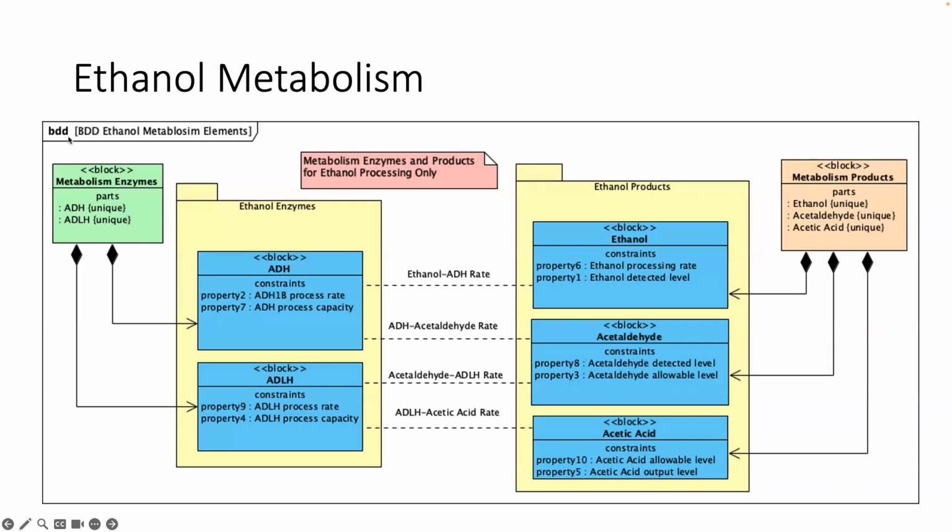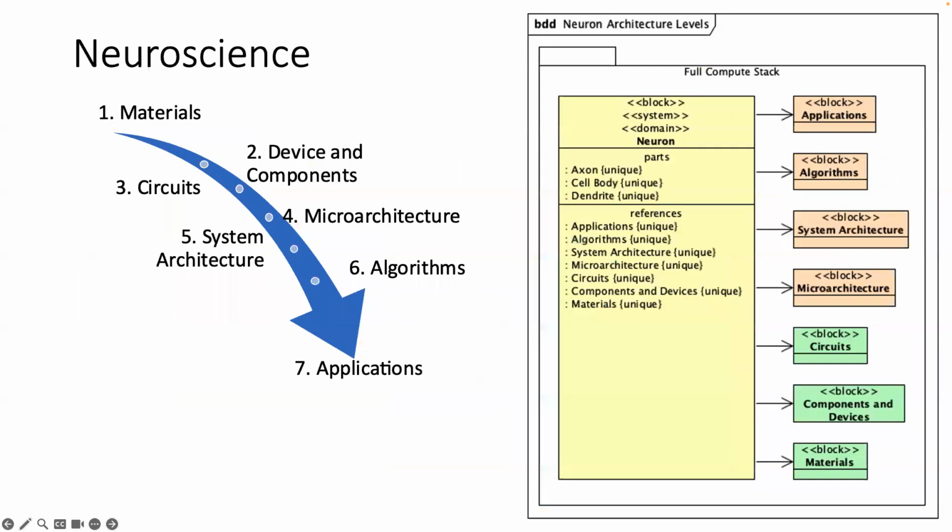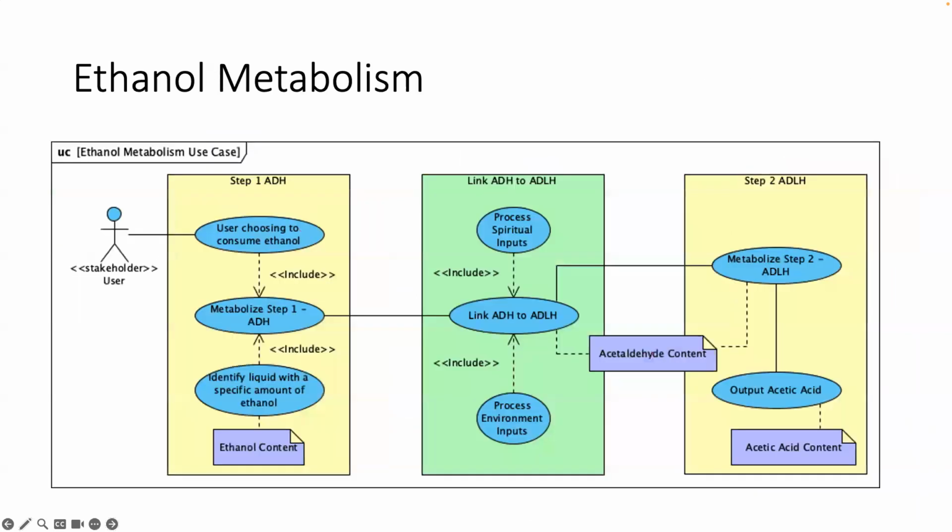This is also what's called a block definition diagram, trying to show you some of the things that are taking place. And the second one is a use case diagram. And so this is just another way of trying to talk about this process of metabolism and how these things have to be related to one another.